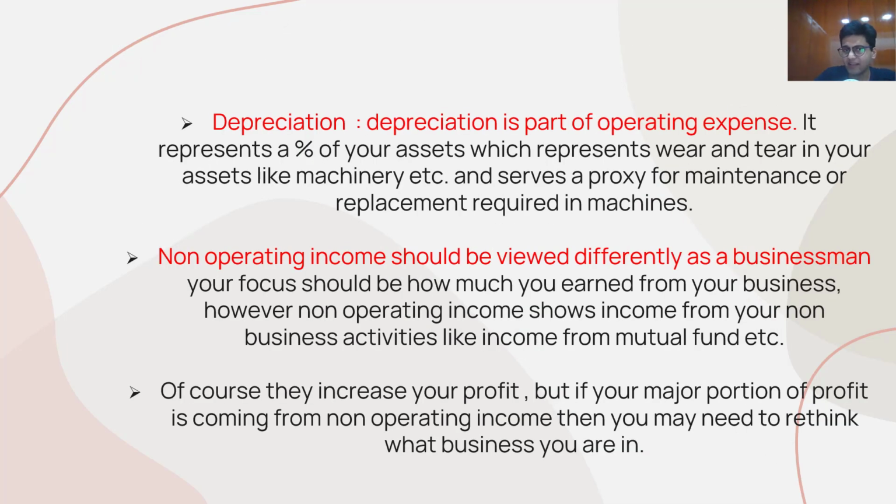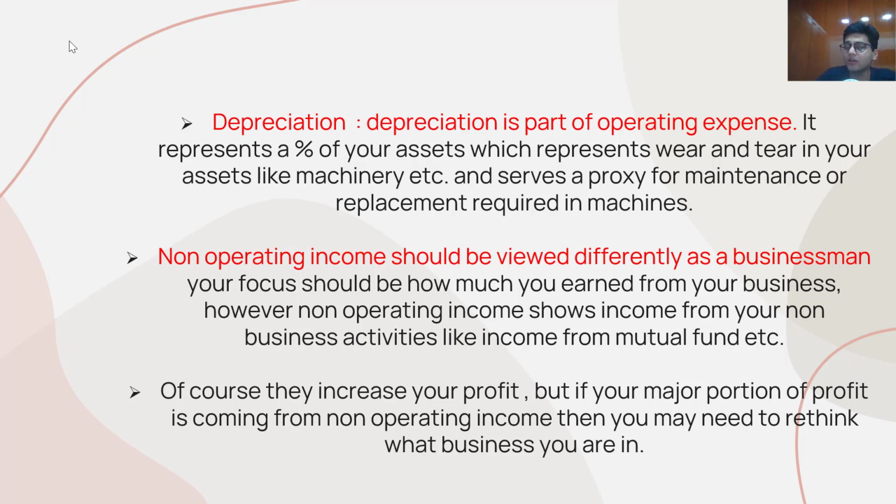The second part is depreciation. So what is depreciation? Depreciation is a part of your operating expense. It basically means a percentage of assets which represents wear and tear in your assets like machinery, and basically serves as a proxy for maintenance or replacement required for your machinery in the factory.